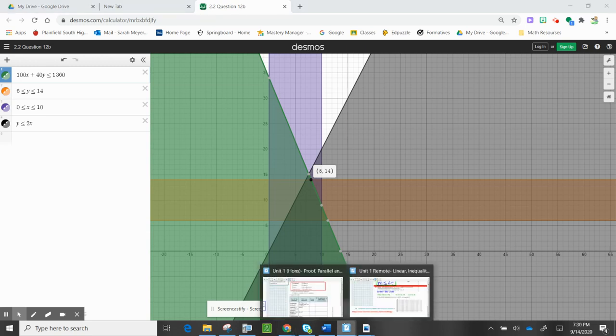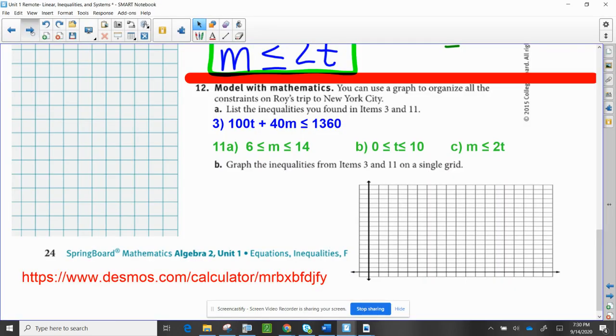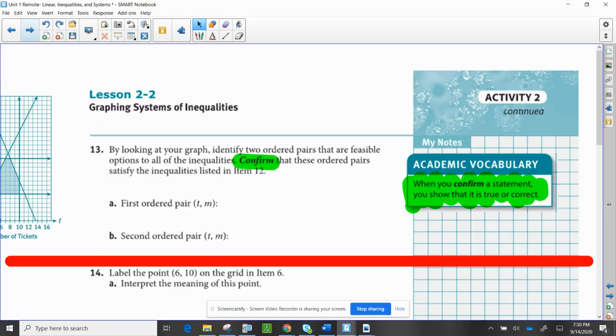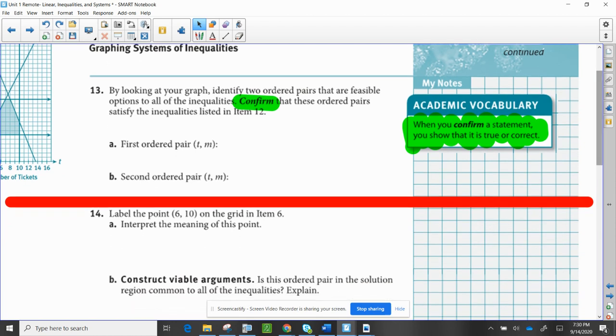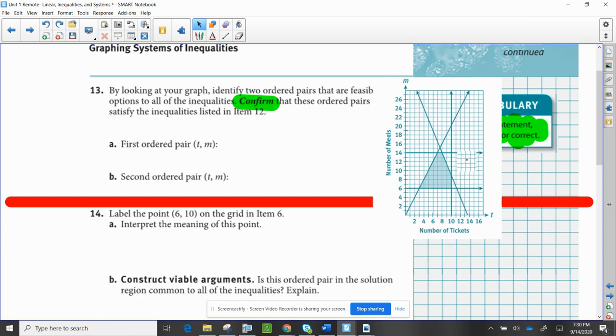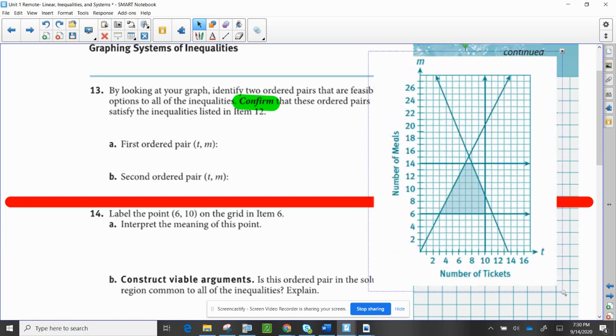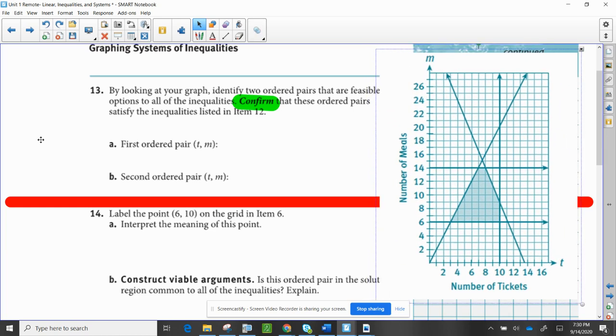So let's go back to our notes here in our book and answer the questions. For number 13, it says, by looking at your graph, identify two ordered pairs that are feasible options to all of the inequalities. So I'm going to pull out this graph here and we're going to look at it. Blow it up a little bit, make it a little bigger.